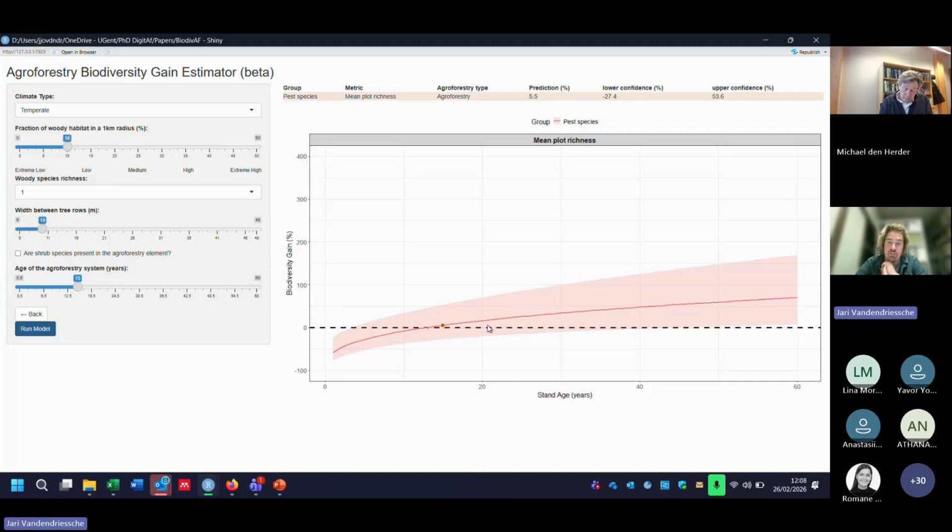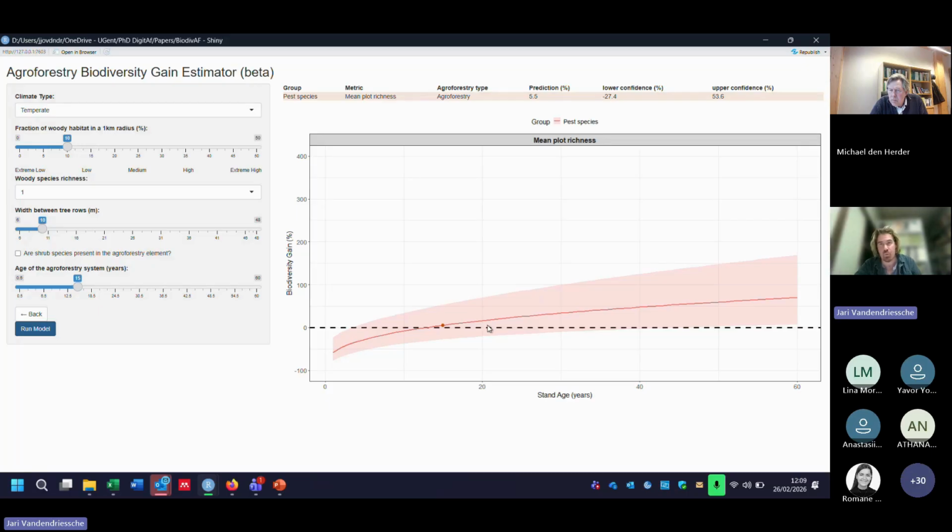Is it bad to an agricultural system? That depends. The aim is still to have production of these integrated trees or shrubs. So there will be a slight effect, but I don't think it's really avoidable that you have those new species coming in. Something else that we cannot show here, but what we found out is, now I'm talking about species richness, but actually the driver of pests in an agricultural system is really the abundance of these pests.